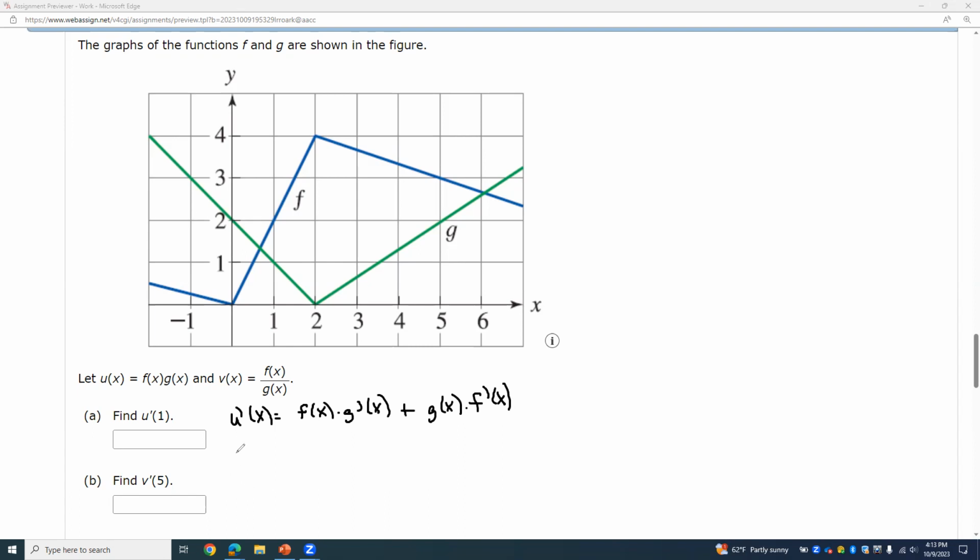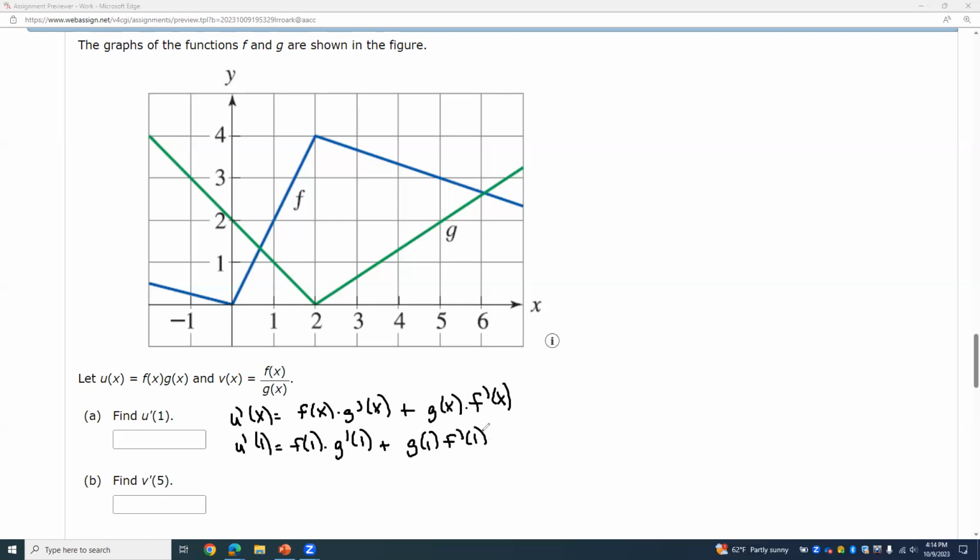And then it gets more fun because we're going to evaluate this at 1. So what we're really talking about is f of 1 times the derivative of g at 1 plus g of 1 times the derivative of f at 1. And how are we going to get these numbers? We're going to use the graph. Okay, so let's see what's happening.